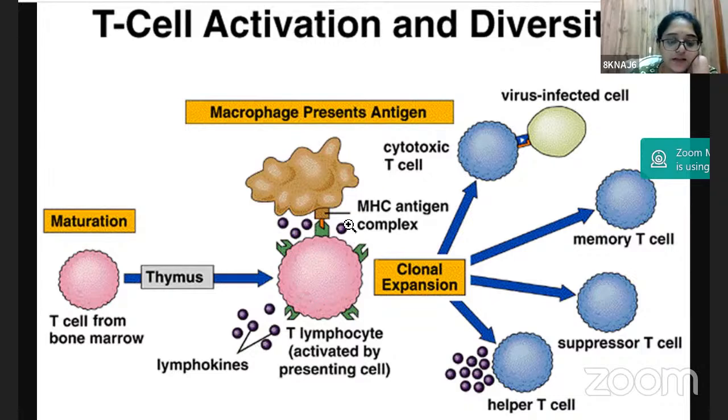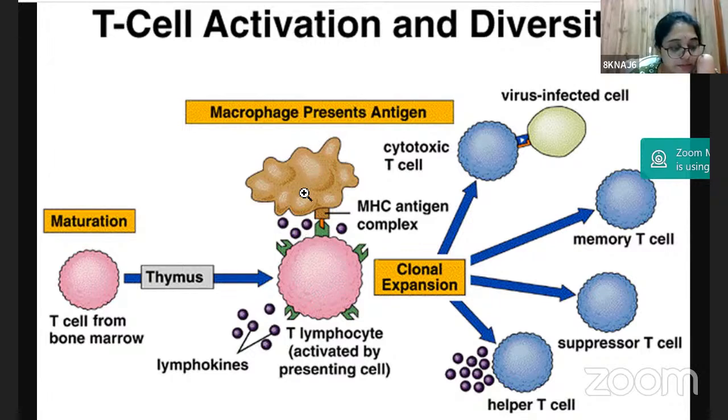That is when they recognize the antigen on the surface of the antigen presenting cells, and a T lymphocyte gets activated. Now the MHC complex is present on the surface of the antigen presenting cells.